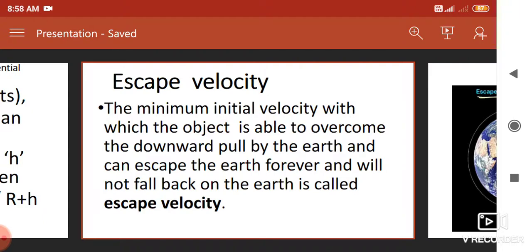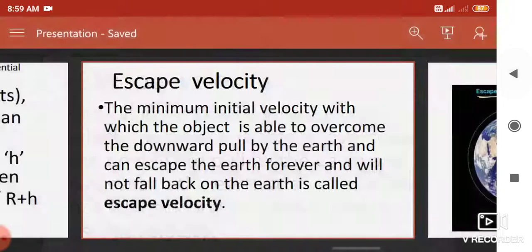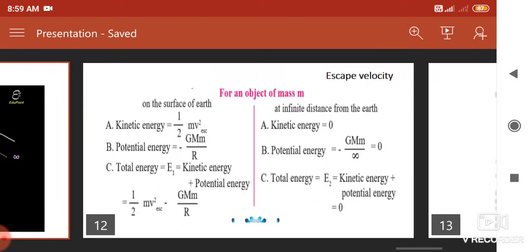So escape velocity is nothing but the minimum initial velocity with which the object is able to overcome the downward pull of the planet. Here, consider the earth: the object can escape the earth forever, and it will not come back to the earth. That velocity is called the escape velocity.